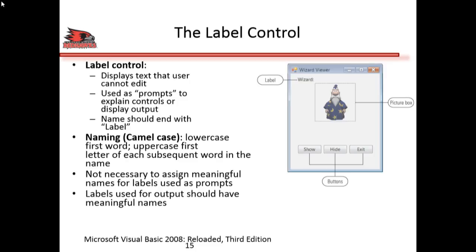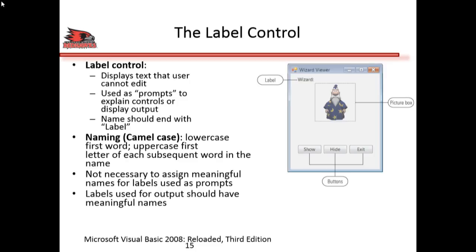So I want to talk a little bit about the label control. Basically, it is used for displaying text that the user cannot edit while the program is running. Of course, the user can edit it while designing the program, but not while it's being executed.